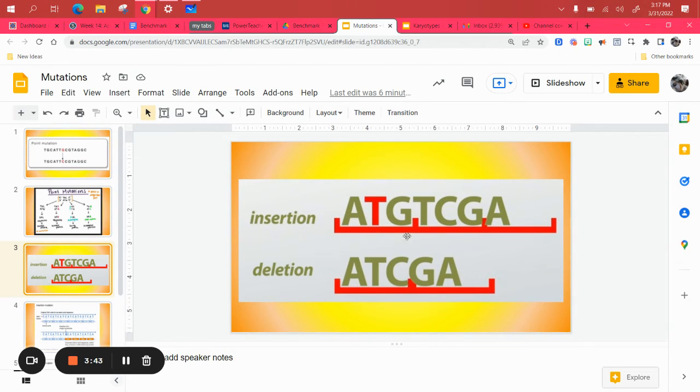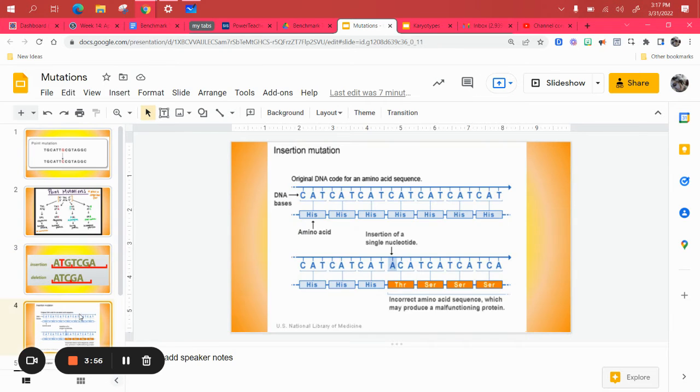With an insertion, it's going to change our number of bases. We're going to have an extra, and with a deletion, we're going to have one less. So you can see with this insertion mutation what it looks like originally. This is a sequence that we were supposed to get, just a bunch of histidines.